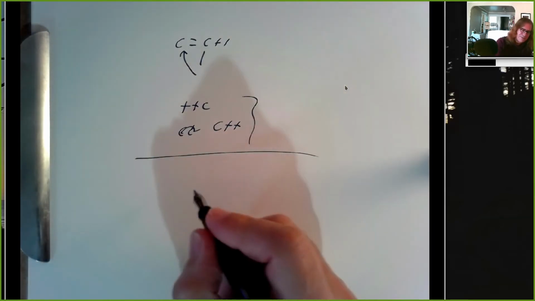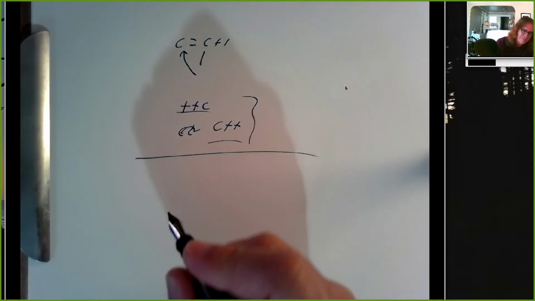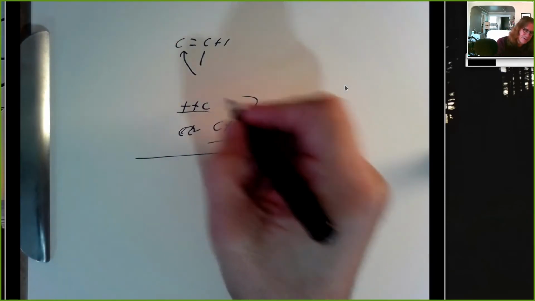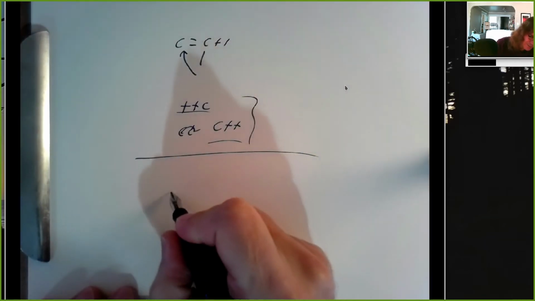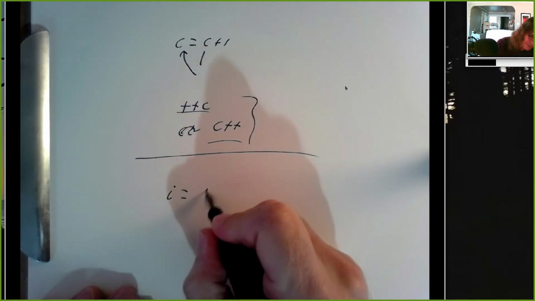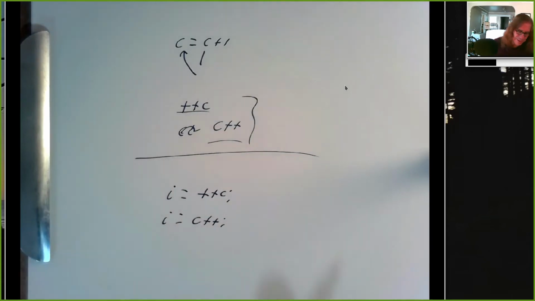Alright, now the difference between this and that depends on what you're doing with this. If I'm just incrementing C, makes no difference. Those will both probably assemble into just increment register C, or wherever C is stored. But if you're doing something like I equals this, right, very different behaviors.